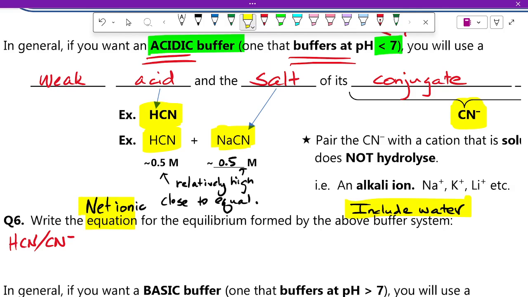Okay. You have an acid and its conjugate base. When you have an acid and its conjugate base, do they go on the same side of the equation or do they go on opposite sides of the equation? Conjugate acid-base pairs go on opposite sides.